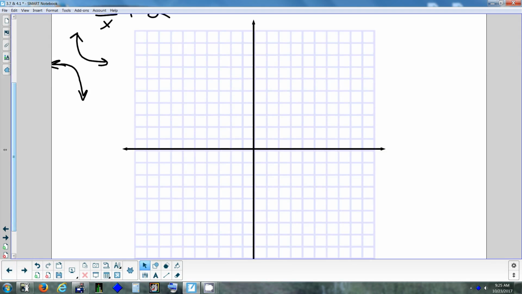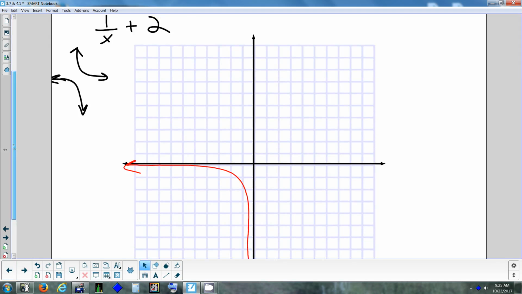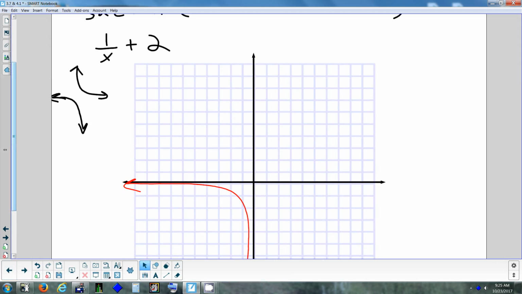Just a quick sketch, not perfect, but if there's your lower part, and technically in this kind of graph, that's called a branch, because this is a hyperbola, but it's a hyperbola on a 45-degree angle. Usually when we sketch hyperbolas, you think of them as going this way, or that way. Well, this is a hyperbola on a 45-degree angle.